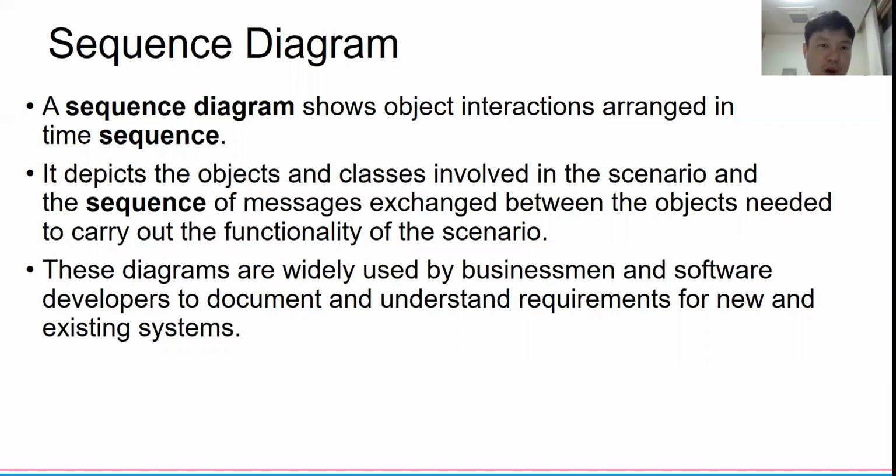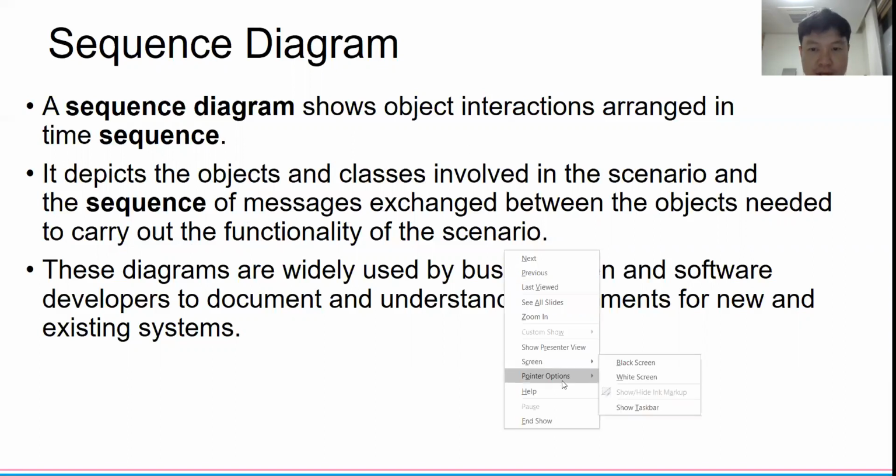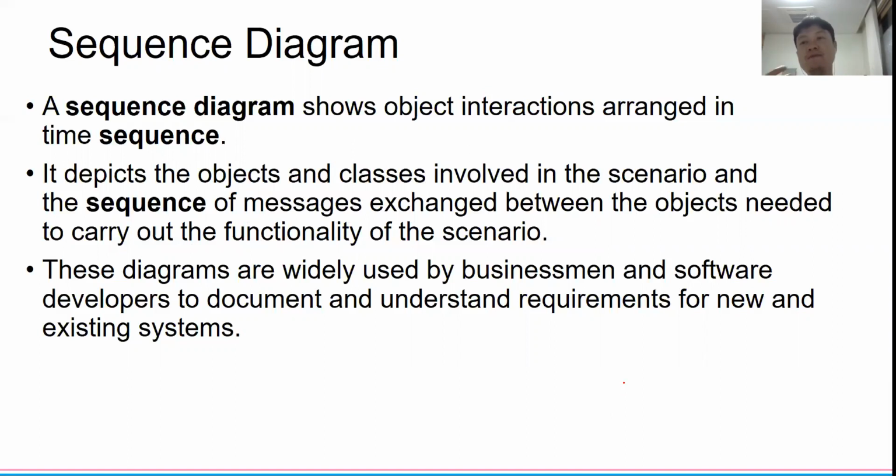It depicts the objects and classes involved in the scenario and the sequence of messages exchanged between the objects needed to carry out the functionality of the scenario. So later when you create your information system, you need to know the messages. We are trying to design the sequence of messages, a sequence of the data, or sequence of the information between the objects.